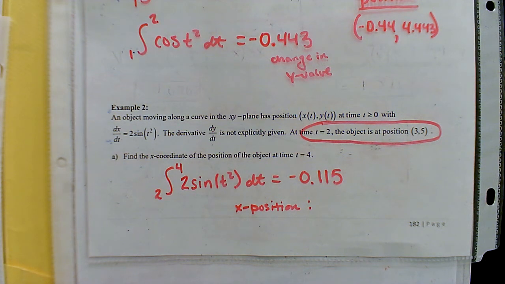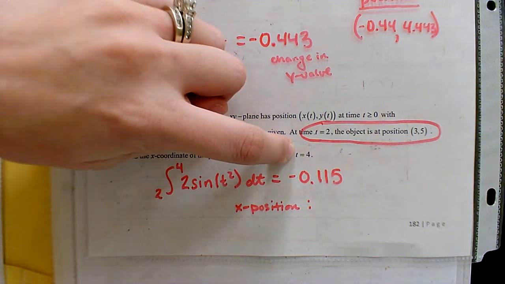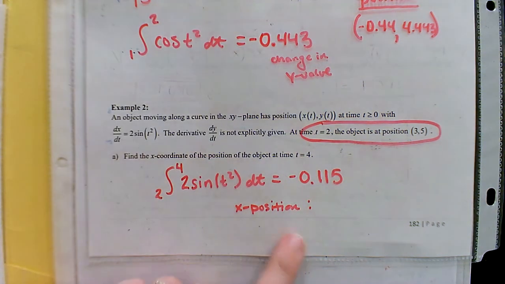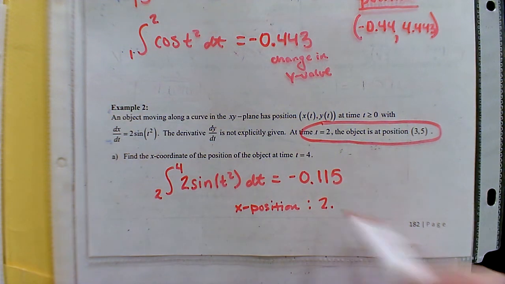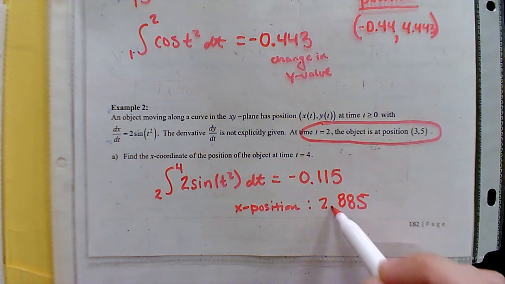Do we add it or subtract it? That's the big question. We're going to add it, right? Because time 4 is in the future of that time 2 that we know. So 3 plus negative 0.115, 2.885.